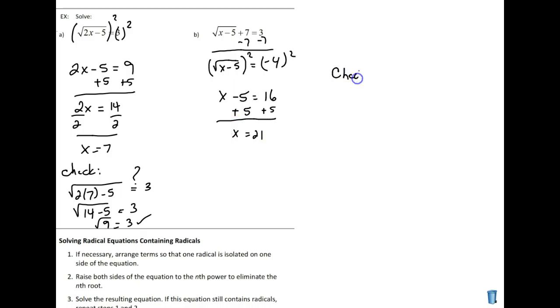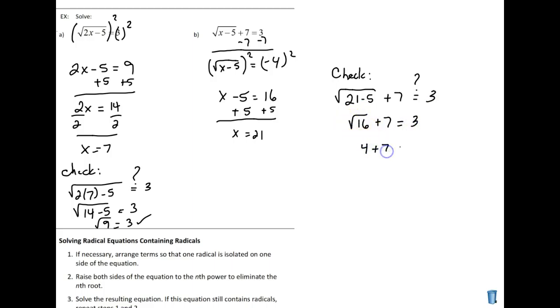Again, I want to check my answer. Does the square root of 21 minus 5 plus 7 equal 3? Well, this is the square root of 16 plus 7. What's the square root of 16?